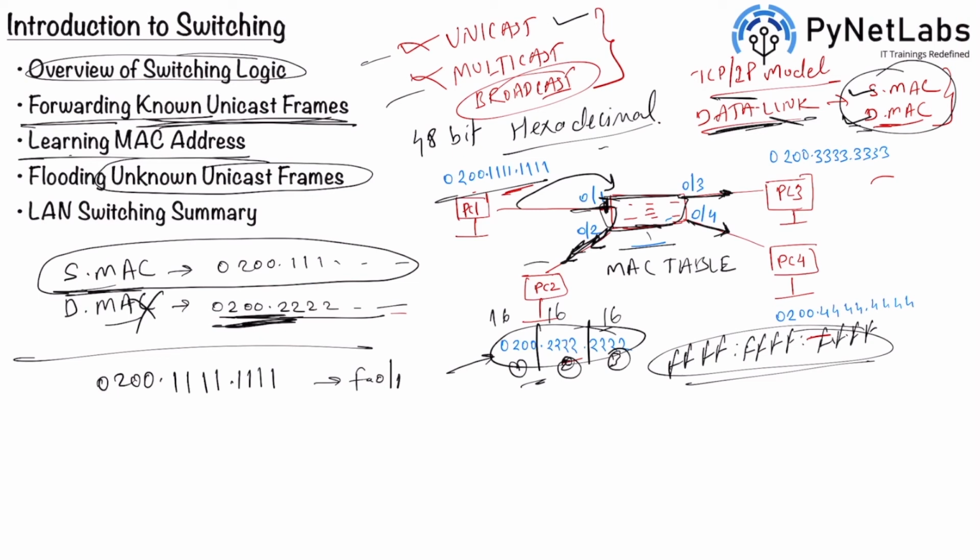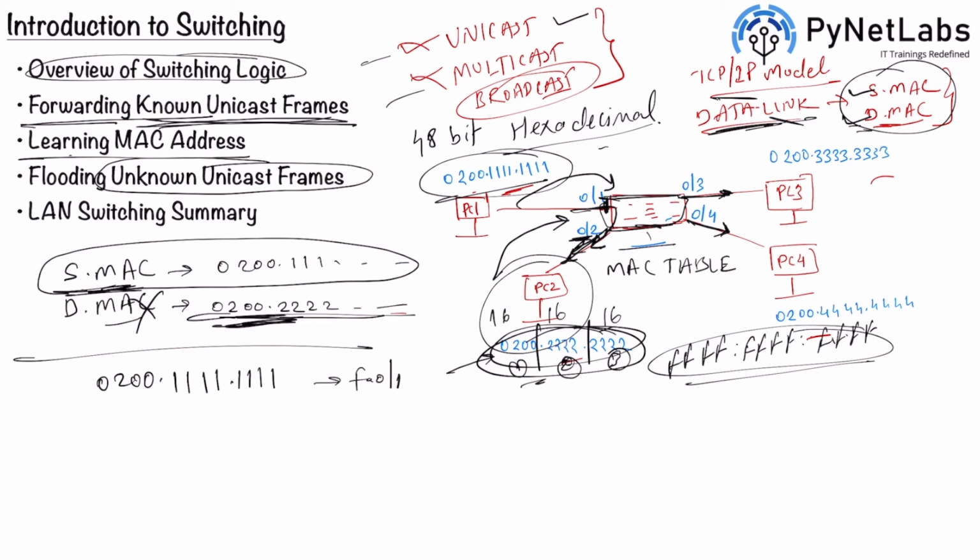So the legit user, which is PC2 in our case, will reply back to the switch from port number 0/2. It will use the source MAC address that it has and the port number it is connected with. The switch will get a reply, and the source MAC address will be exactly the destination MAC address of our original transaction, which is 02002222.